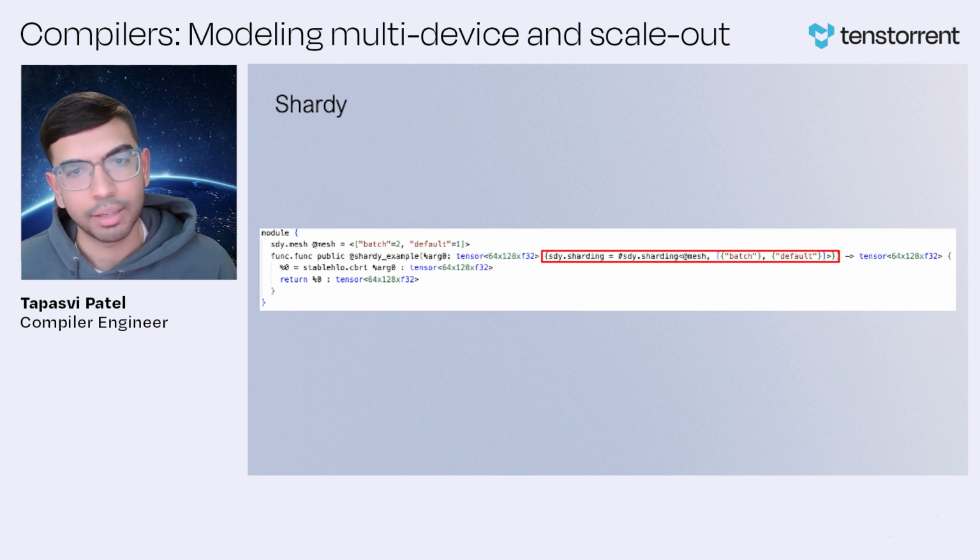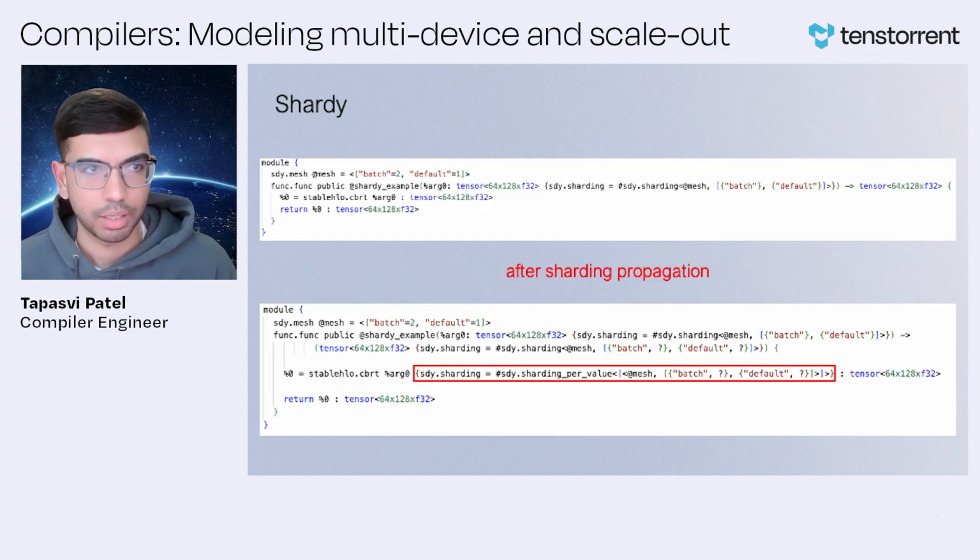So this is saying, hey, this dimension of my tensor is going to be split on batch. So 64 is going to be split on batch, and then 128 is going to be split on default, which is just 1. Once you actually do the sharding propagation, here we have a Stable HLO cbrt operation being done. We want to know what is the final sharded annotation of this particular operation.